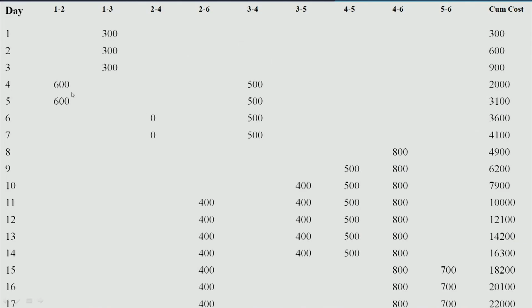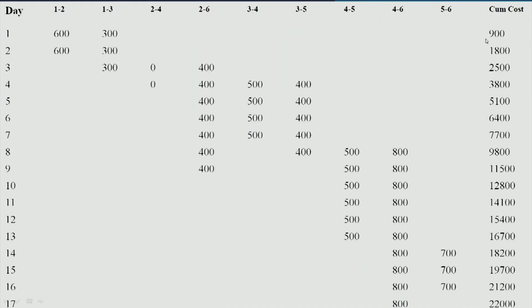Why do it on the 5th and 4th day? Because you can save cost. In this case the total cumulative cost on the first day is 300 only, while earlier it was 900. Let us say you are taking a loan every month, then you can save at least on interest.